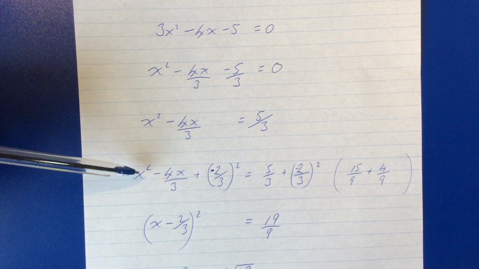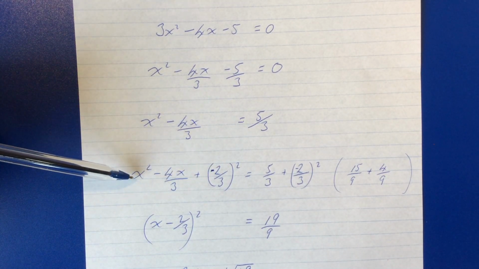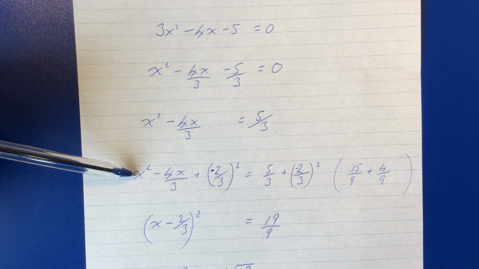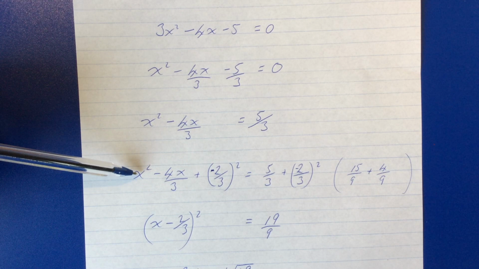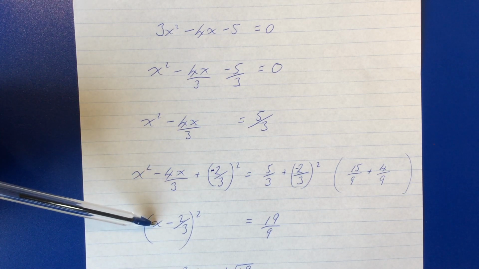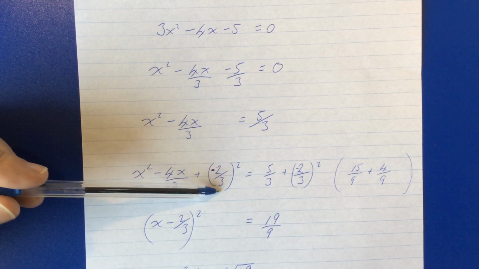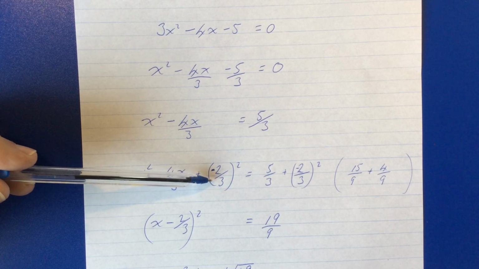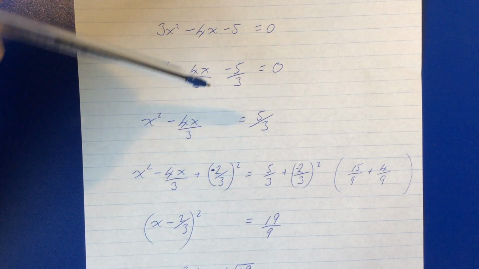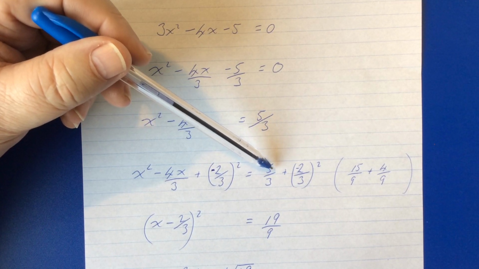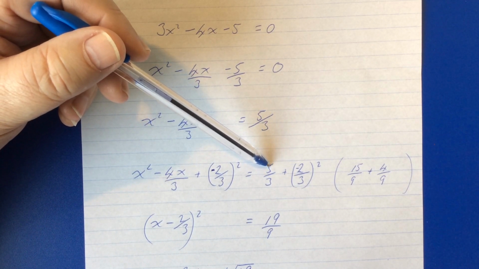Okay, so we've created our perfect square here, and we can rewrite this in this form. We take the square root of this, x, and we simply take this number in here, negative 2 over 3. Over here, we do a little bit of expansion work.